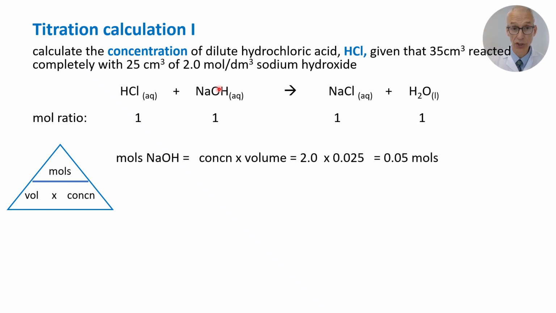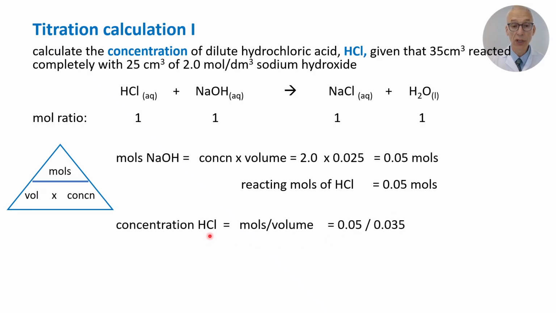The concentration is 2 moles per decimeter cubed. The volume is not 25, it's 0.025 because it's got to be in decimeters cubed. So that gives us 0.05 moles of sodium hydroxide. Because it's a 1-to-1 reacting ratio, that would react with exactly that number of moles of hydrochloric acid, 0.05.